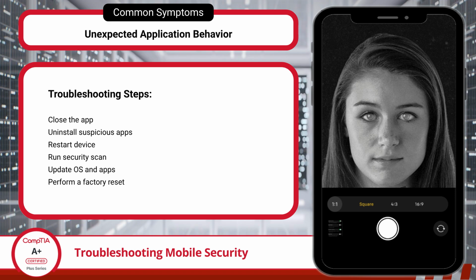After removing any suspicious apps, restart your device to ensure no residual processes are running. Run a security scan with a trusted antivirus to check for any embedded malware. Also, make sure your OS and all apps are updated. And if these attempts at an app exorcism don't do the trick, consider a factory reset to remove deeply embedded malware.